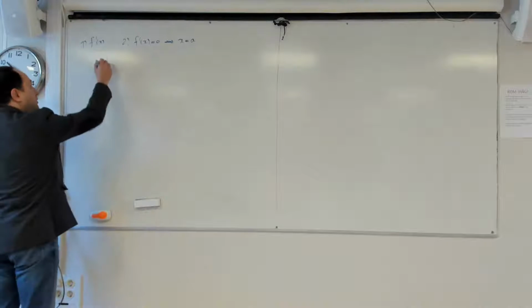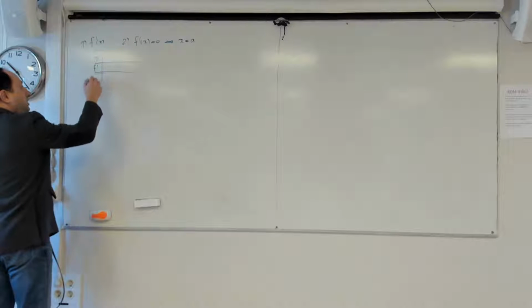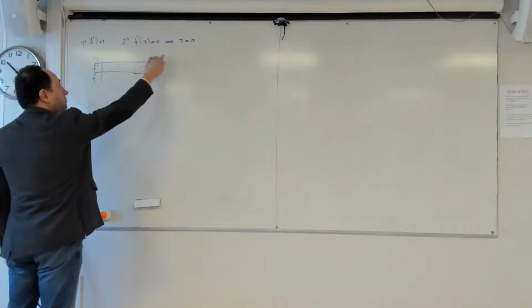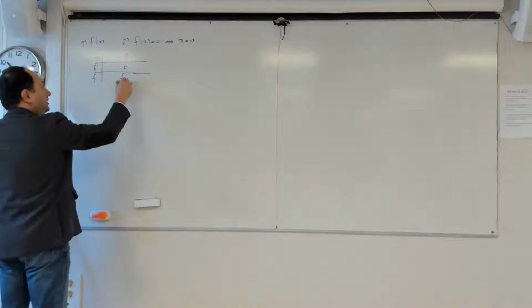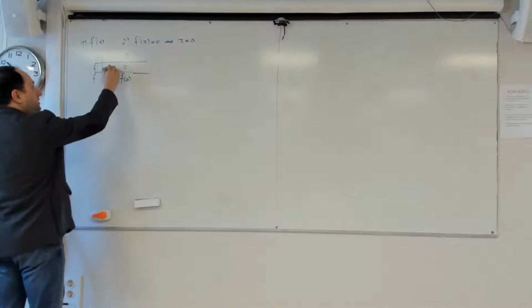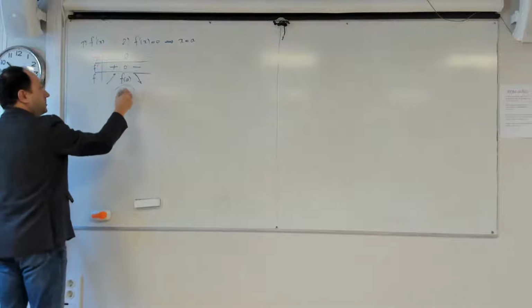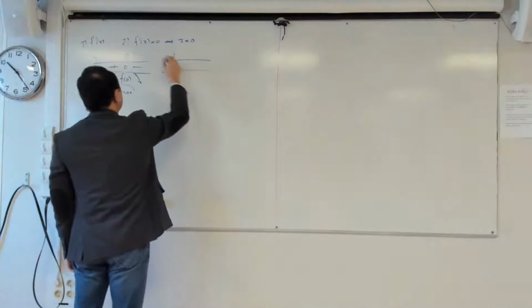What we do is draw a table like this. The first row is x, the second row is f prime, the third row is f. You put this number here, the derivative at this point is 0, and the value of the function at that point is a. If this is positive and this is negative, it goes up and then goes down, so this is a maximum. Let me just do it quickly.